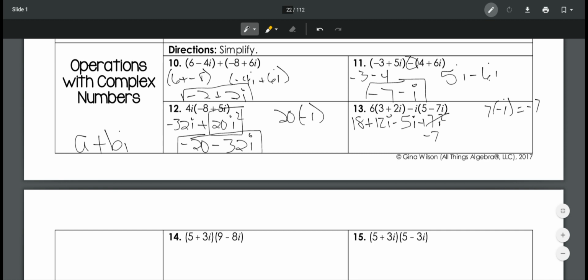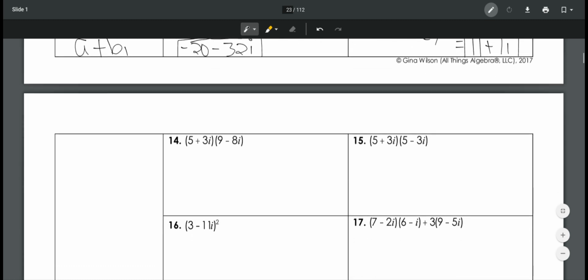So I'm going to take that out and put negative 7 in its place. Now I go through and I combine my terms. I add up my a values, 18 minus 7 equals 11, and I add up my bi values, which is 12 minus 5i, which is positive 7i. Notice that my final answer is written in proper form, a plus bi. That's very important.